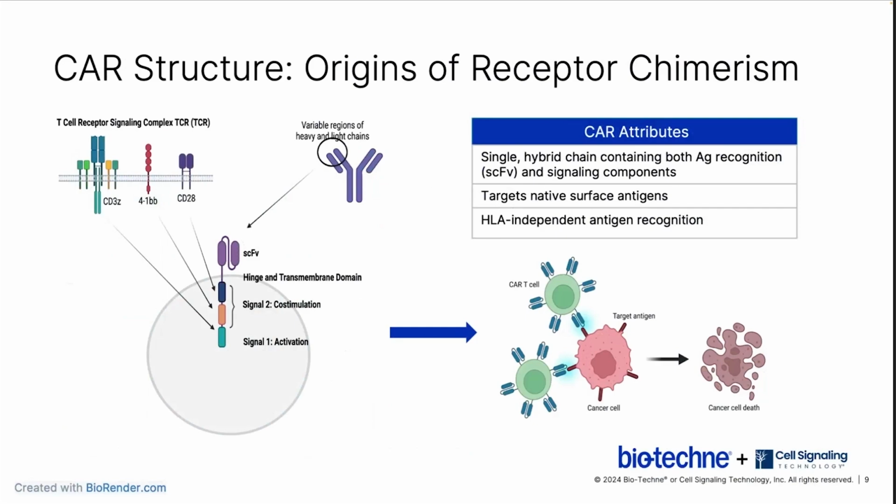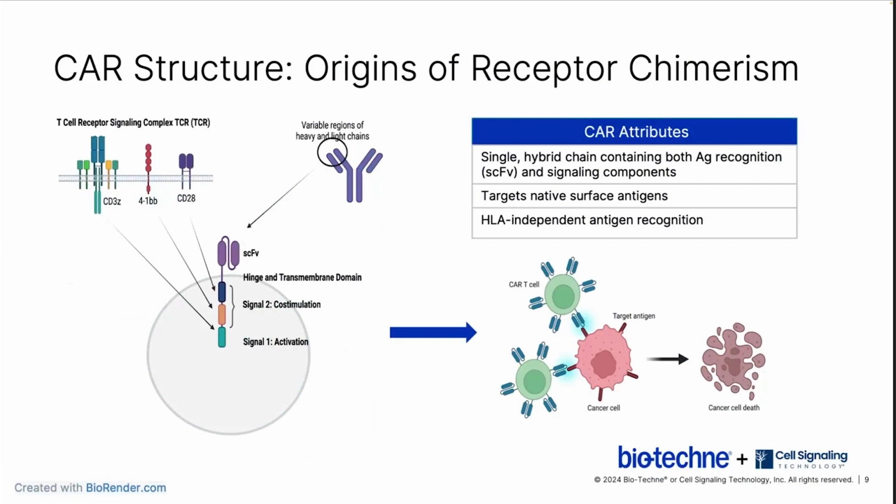functions. In the context of CARs, however, the antigen recognition and signaling components of these synthetic immune receptors are on the same chain, and CARs recognize native surface antigens independent of MHC restriction. This is an important consideration given that the class I MHC antigen presentation pathway is often compromised in many types of human cancers.